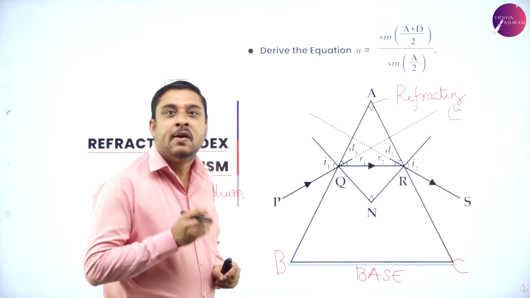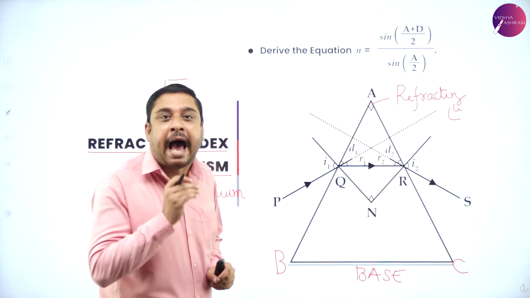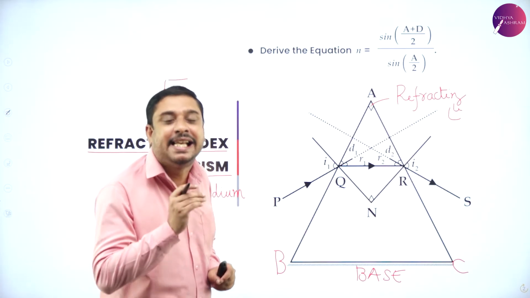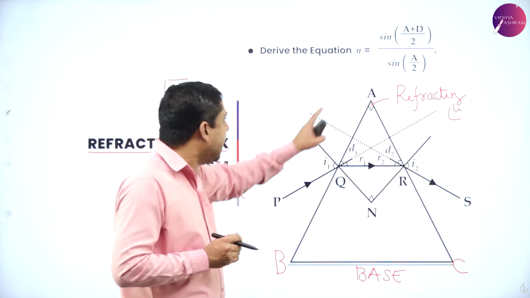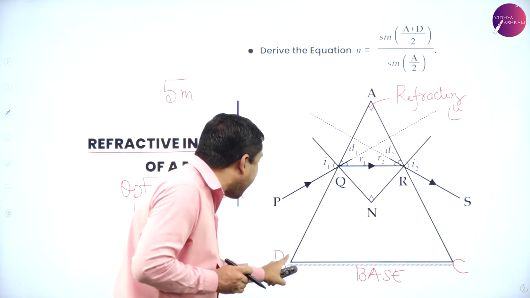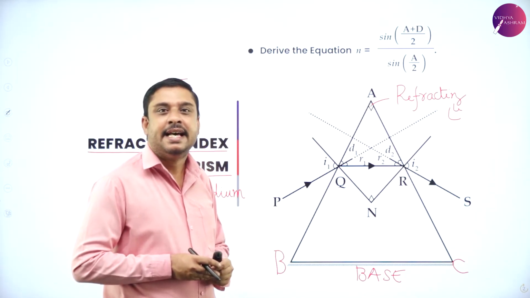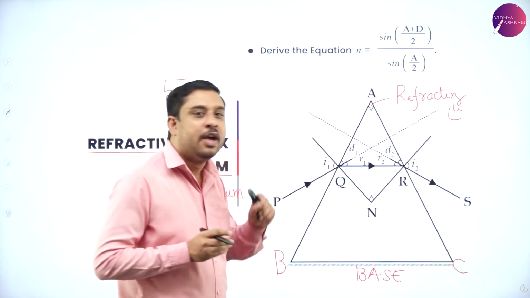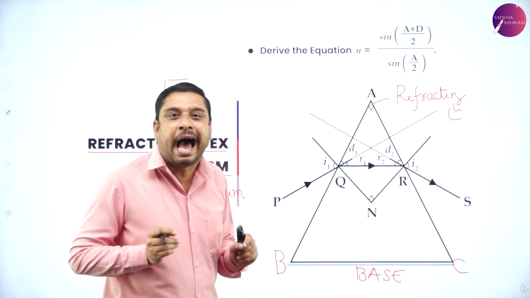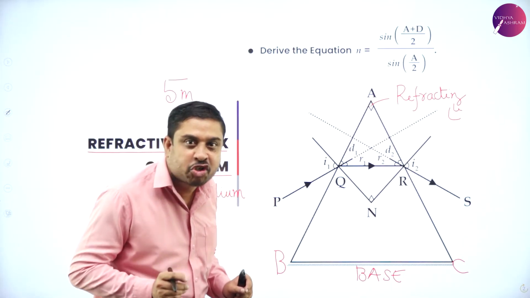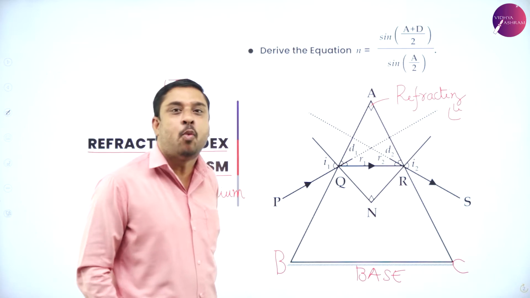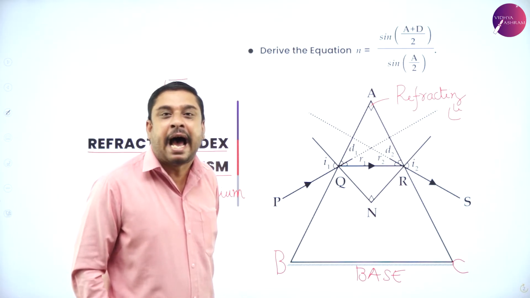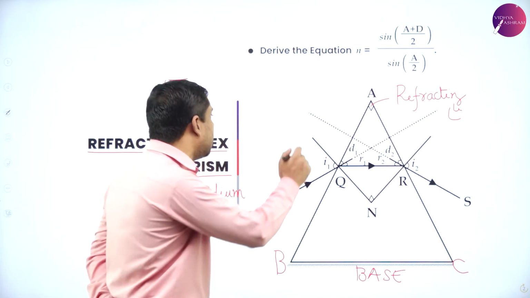I1, which is the angle of incidence at the face AB, is composed of R1, which is the angle of refraction, and D1, which is the angle of deviation.